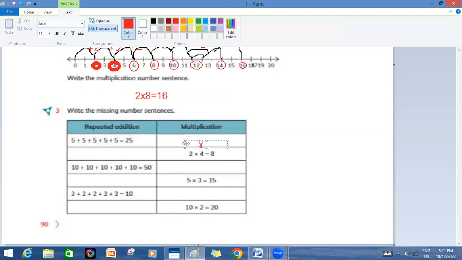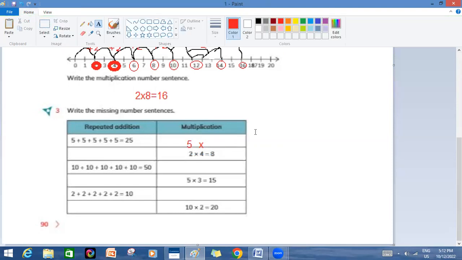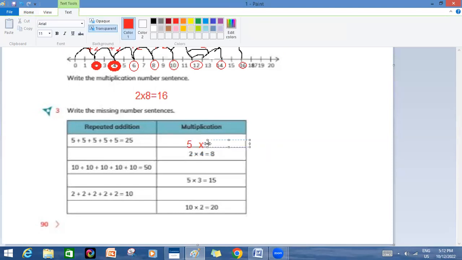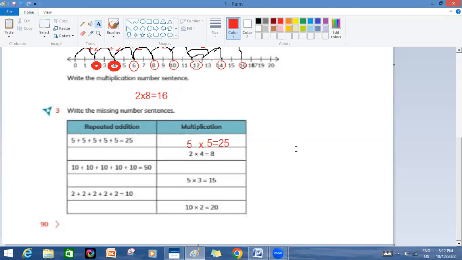It is 5. So 5 multiplied by 5 equals 25.